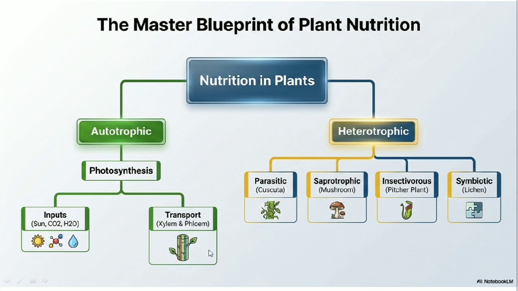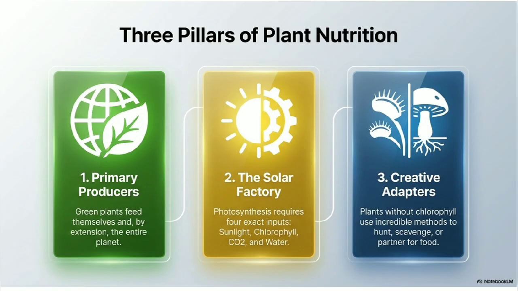Some plants show special modes of nutrition such as parasitic, insectivorous, saprotrophic, and symbiotic nutrition. Dear learners, plants are the primary producers on the earth. They provide food and oxygen for all living organisms.